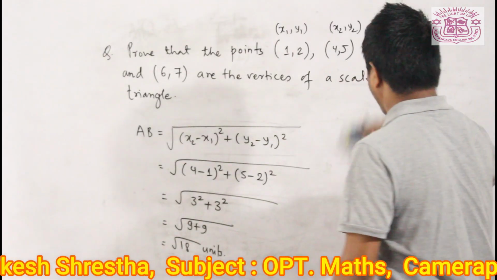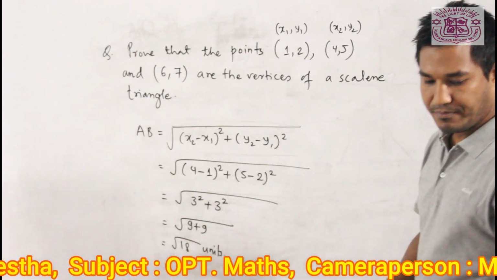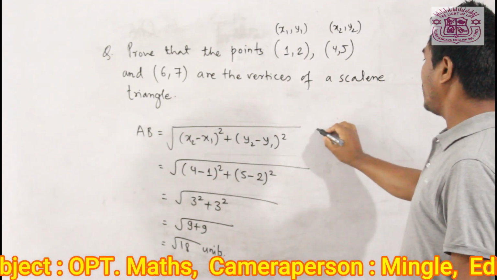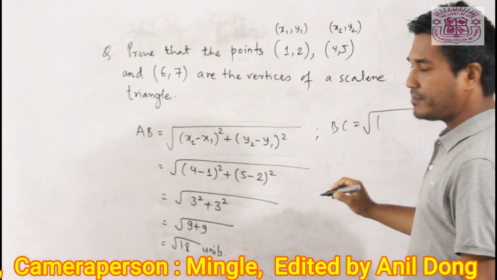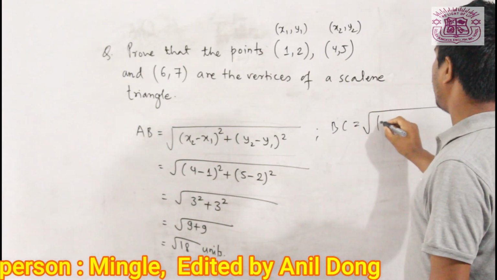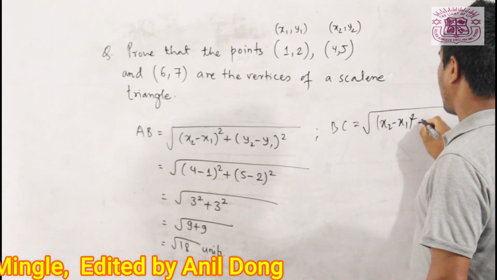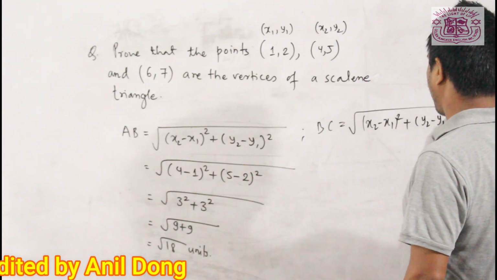Now let's find the distance between B and C. The distance between B and C is again the same formula, that is x2 minus x1 whole square plus y2 minus y1 whole square.